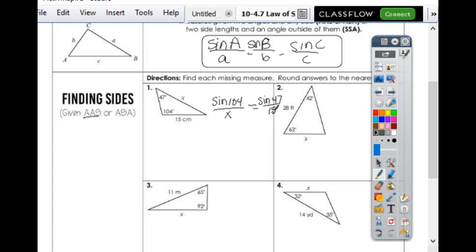And so to find x, we're literally cross multiplying. So everybody do that. And when you cross multiply, make sure you get the same answer as me. Don't just write it down. Pick up that calculator and multiply.